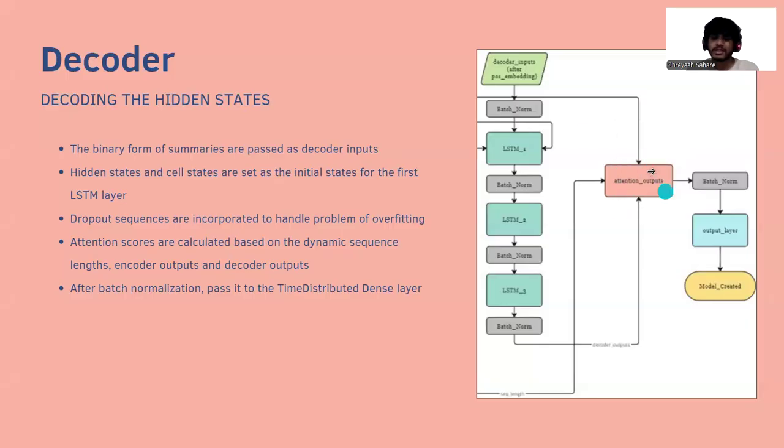Then we come to the attention outputs, which are calculated using the dynamic attention layer, which I'm going to discuss in the upcoming slides, which are then transferred to the batch normalization layer for ensuring accuracy, and the output is refined through a time distributed dense layer to produce the final summarized text.